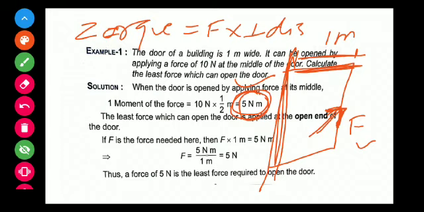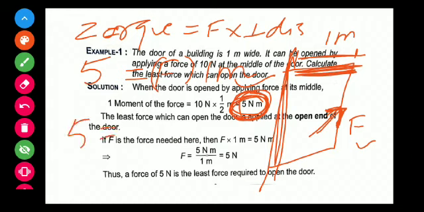Torque is 5 Newton meter, and perpendicular distance is 1 meter. Therefore 5 is equal to F into 1 meter, that is F. Therefore minimum force is 5 Newton. Minimum force required to turn this door is 5 Newton.